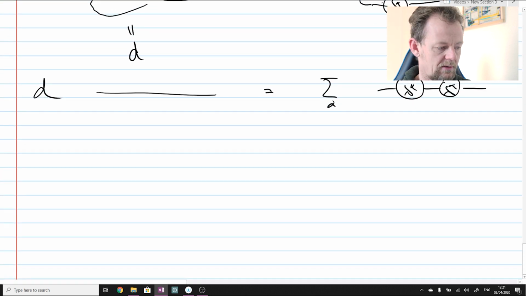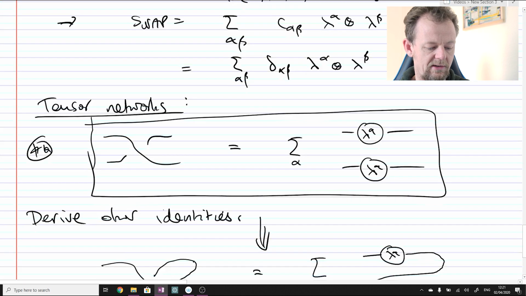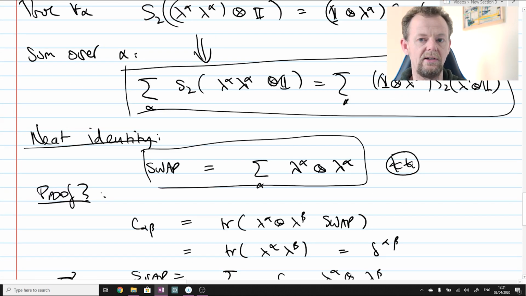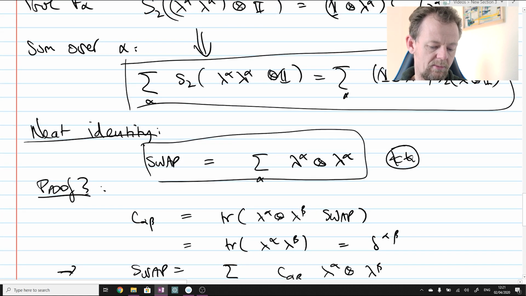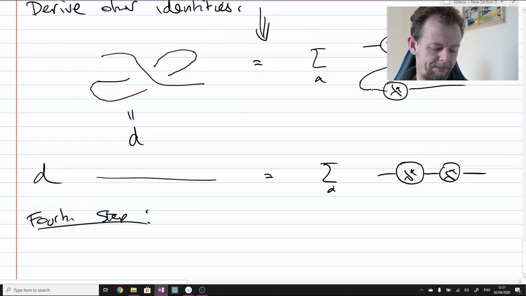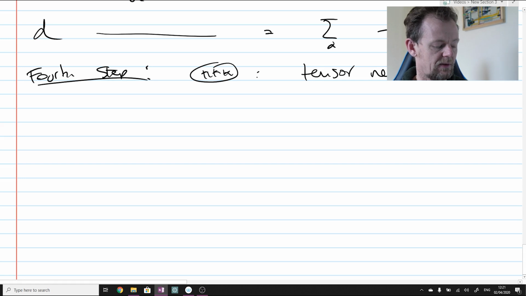Now let's go back to our fourth step, which is to apply these tensor network identities to our formula, which we'll call star, star, star. So our formula, triple star, in tensor network diagrams, as a tensor network, looks like the following.